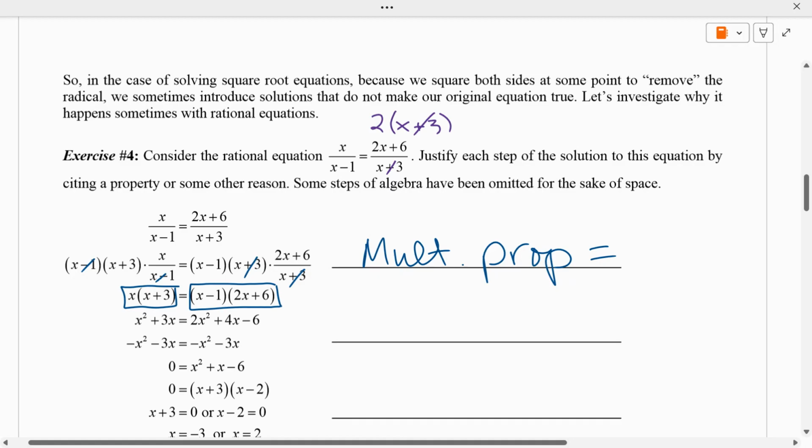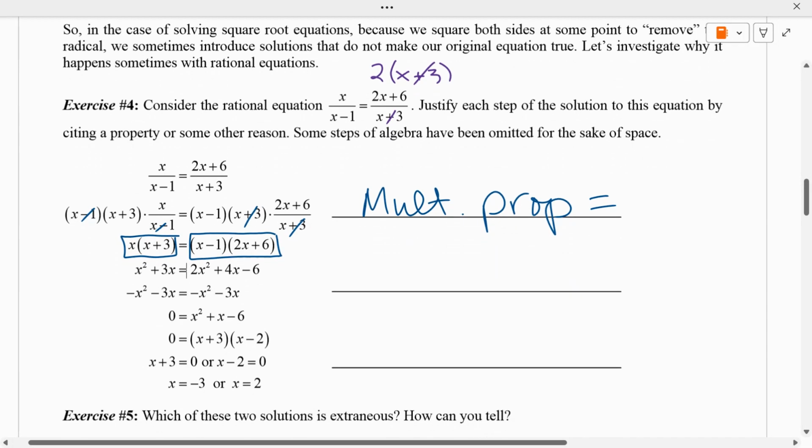So I do some foiling, and when I FOIL, I get x squared plus 3x equals 2x squared plus 4x minus 6. I know that I have to set my quadratic equal to 0, so I'm going to subtract x squared from both sides and subtract 3x. So I get 0 equals x squared plus x minus 6.